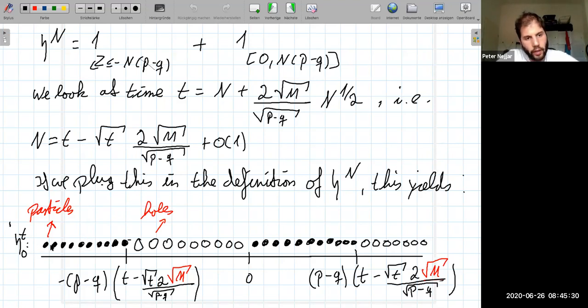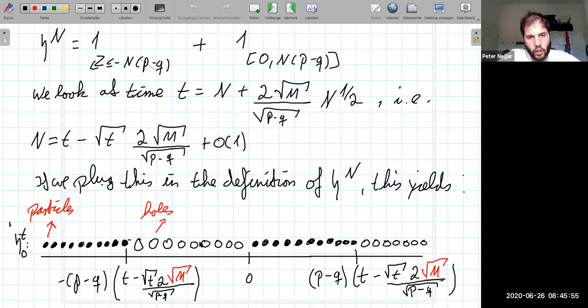So everything is full of particles up to a certain position. And that position is minus (p minus q) times t minus square root of t times the scaling parameter square root of m, and then there's a scaling factor 2 divided by square root of p minus q. The black dots here are the particles.